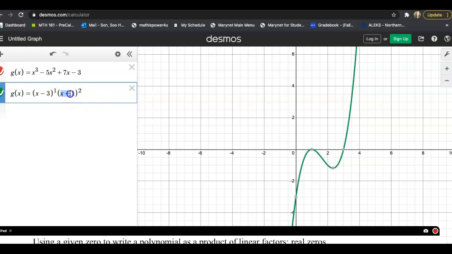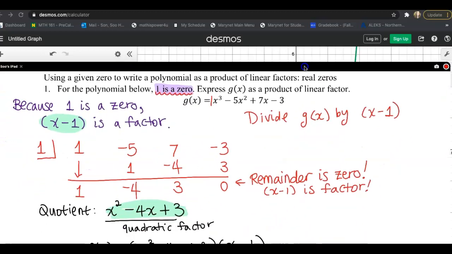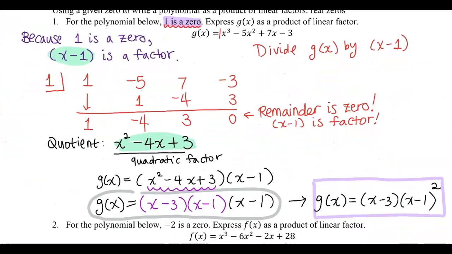But at positive 1, the 0 of positive 1 has an even multiplicity, so the graph will bounce. You see, when it gets to 1, it bounces right down to the bottom. So I hope you are making this connection, looking at the multiplicity and the zeros. But in this section, we use division to break down a polynomial to write a long polynomial function in factored form.